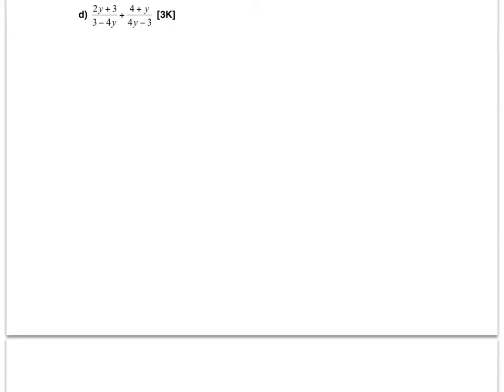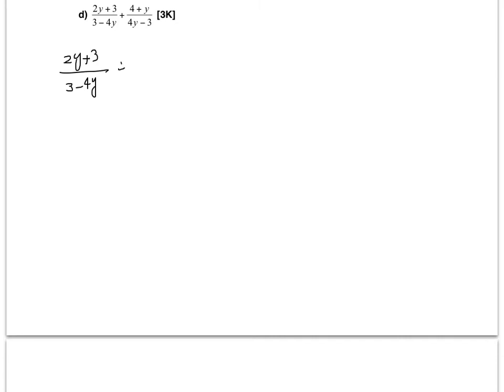The next question is 2y plus 3 over 3 minus 4y plus 4 plus y over 4y minus 3. I'm going to write the first fraction as 2y plus 3 over 3 minus 4y. But for the second fraction's denominator, I can take the negative out.